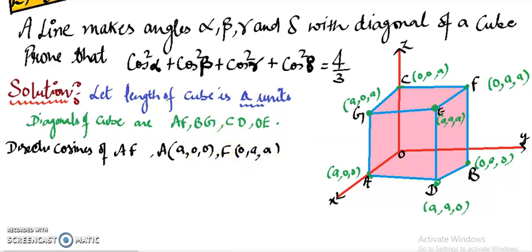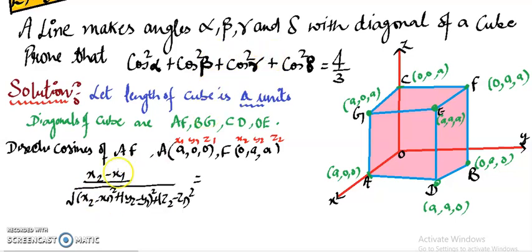So what is the formula for finding the direction cosines? First of all, x1, y1, z1 and x2, y2, z2, right? You know that the first direction cosine is x2 minus x1 upon the square root of x2 minus x1 square plus y2 minus y1 square plus z2 minus z1 square.